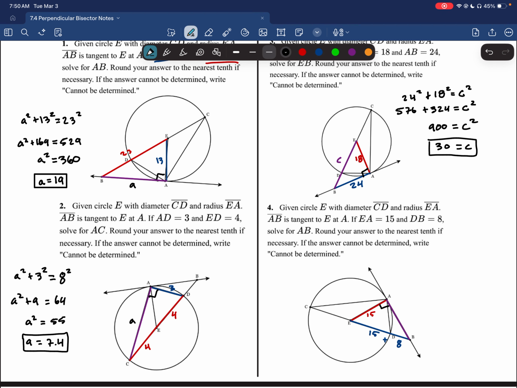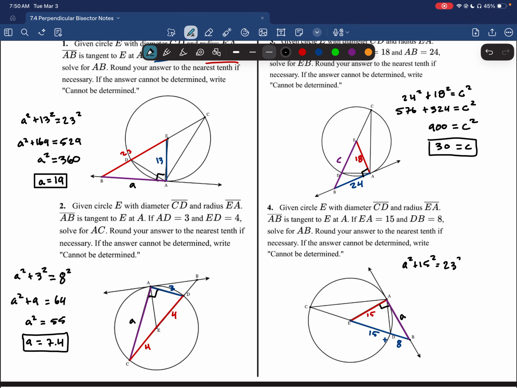Okay. So we know the hypotenuse, know one of the sides. We're solving for another side, so I'll call this A. We've got A squared plus 15 squared, because that's my other leg here. And then is equal to 15 plus 8, which is 23 squared.